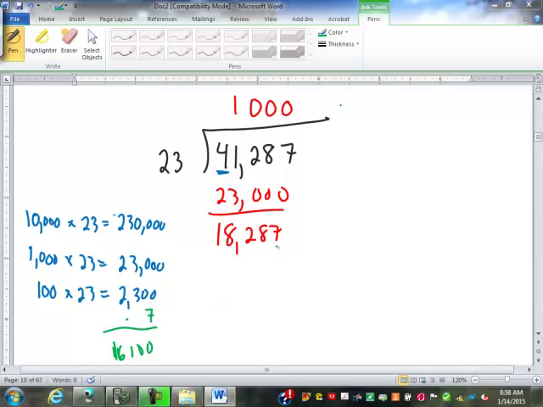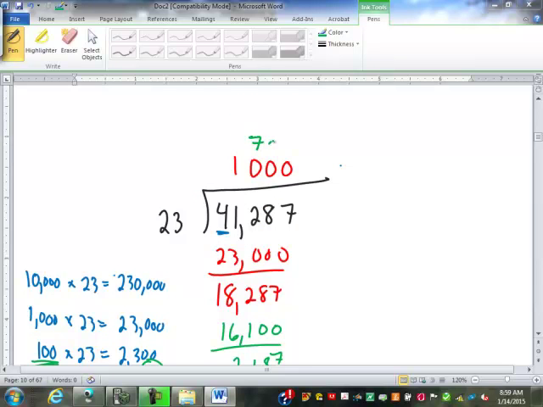Looks like that's going to have to be it. So 16,100. Subtract that off. 2,187 is what's left. What I really did was subtract a bunch of 23s 7 times. 100 times 7 is 700. I subtracted 700 23s.